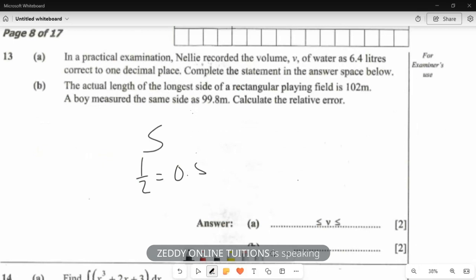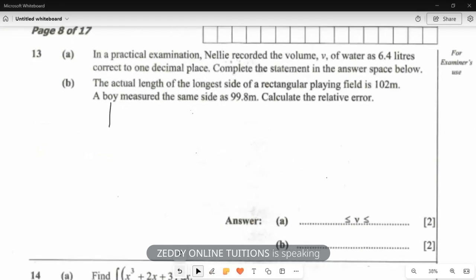So this is the case where we just do 1/2 and get 0.5 as our absolute error.